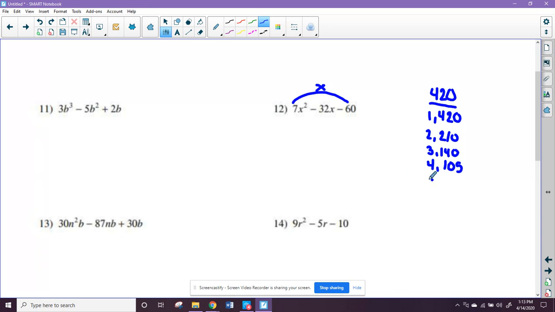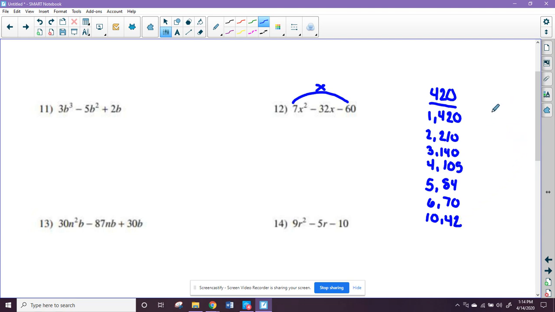Let's see, 5 goes into it 84 times. 6 and 70. Then we have 10 and 42. It's going to go off to the side over here.